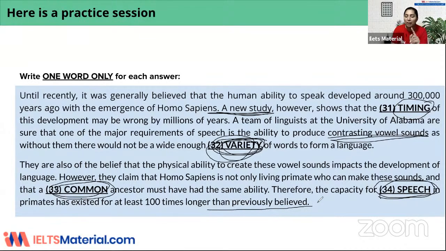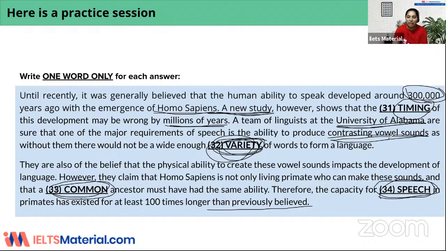Now, if I talk about the nouns, location, number, then you should have marked this, right? You should have marked this. Homo sapiens is the main one. And then when you talk about millions of years, that was also there. University of Alabama, this is also a keyword.